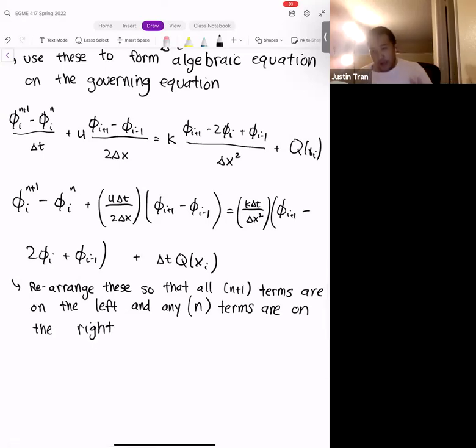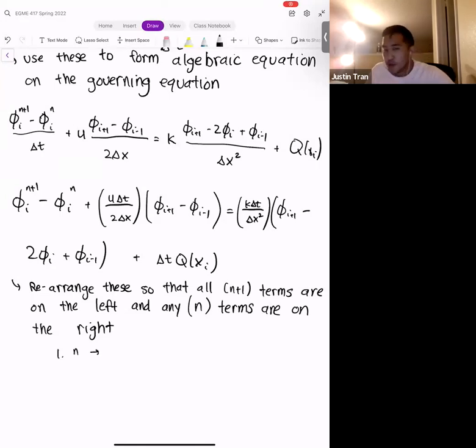Okay. And so at this point, it would be good to review what those actually mean, right? So what do I mean by n plus 1? What do I mean by n, right? And so we know that the n here represents our time index, okay? But the difference between n and n plus 1 is actually very important, right? And so let's start with n.